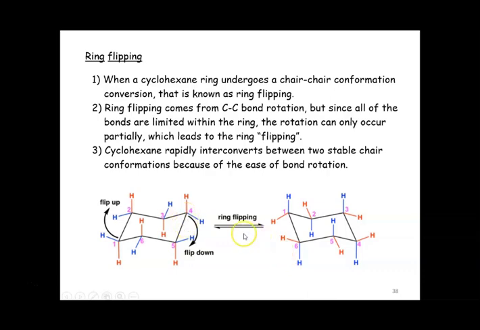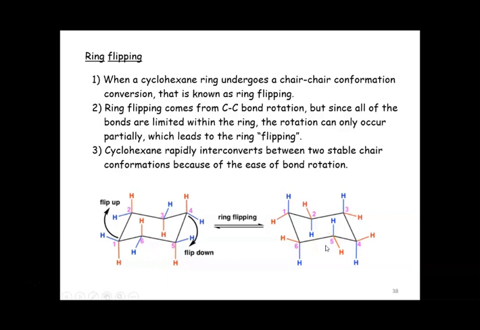When it undergoes ring flipping, what will happen? This V at the left will move up and the V at the right hand side will move down, and we get the flipped structure of cyclohexane.